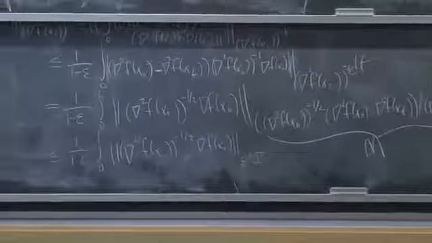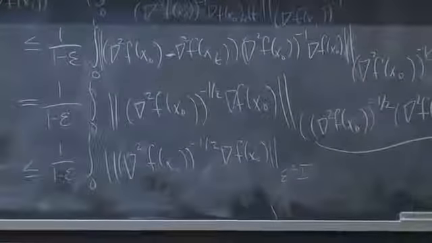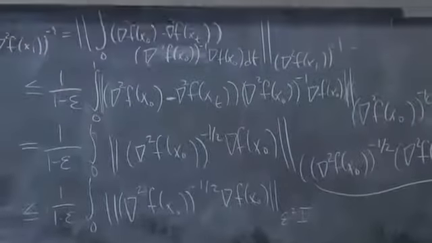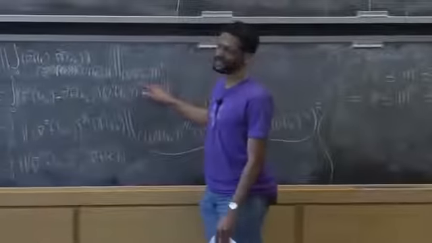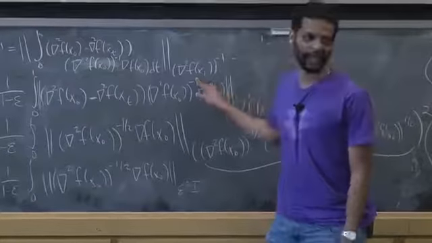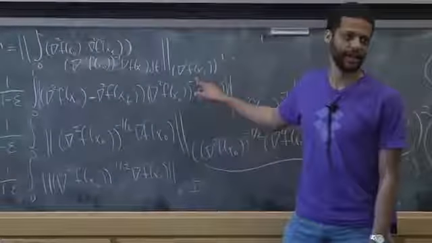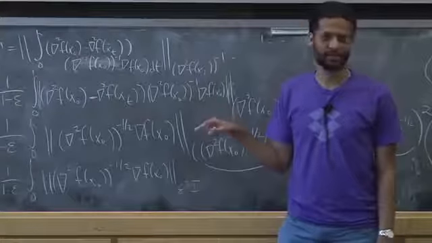Sorry, could you just explain, when you go from the first line to the second line, why you get 1 over 1 minus epsilon? Okay. So we could apply the spectral theorem to this real symmetric matrix. We get U lambda U transpose, forget about the inverse.